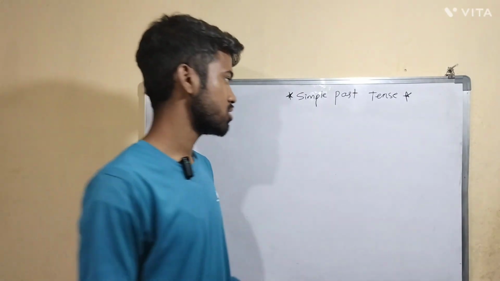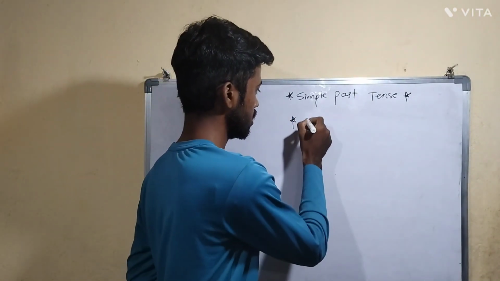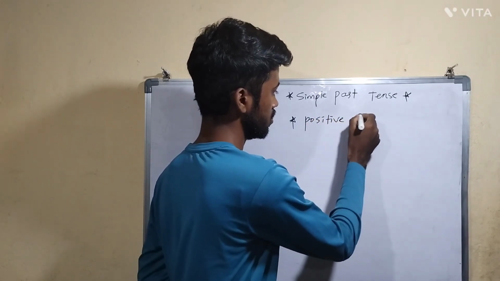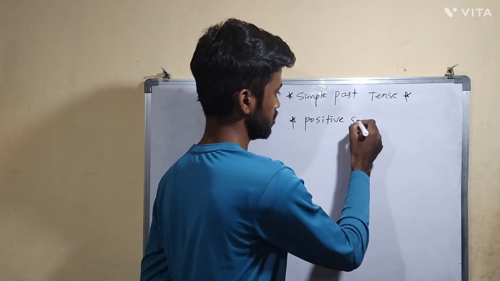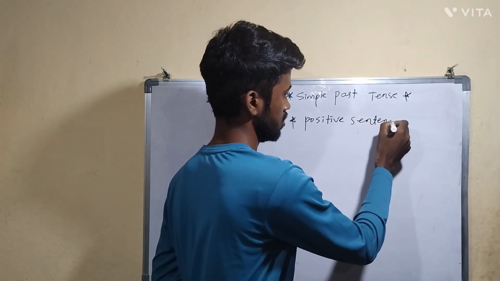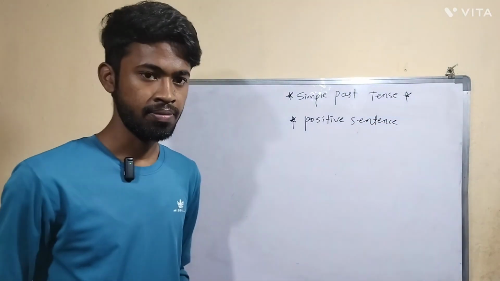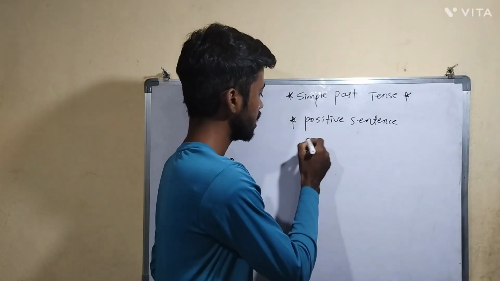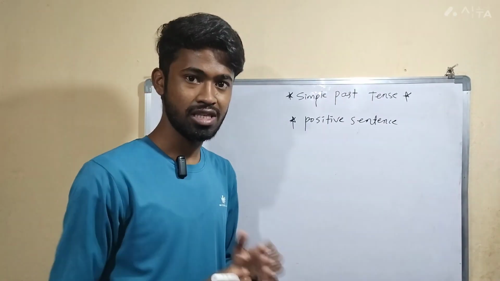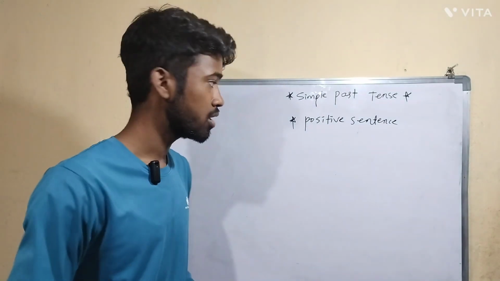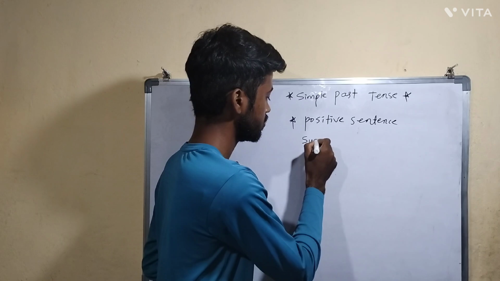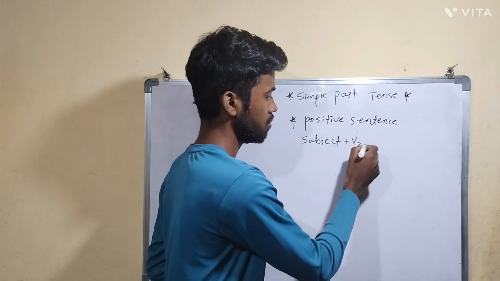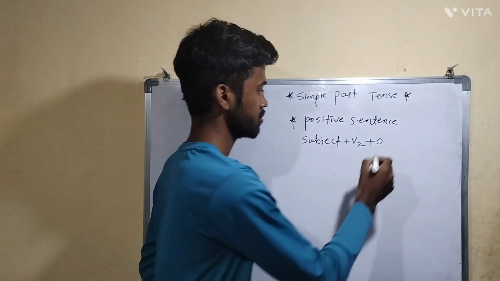Even here, first we will see the positive structure, the positive sentence, or you can say affirmative, both are the same. In all the positive sentences we take the subject at the first position. The structure is subject plus second form of verb plus object.